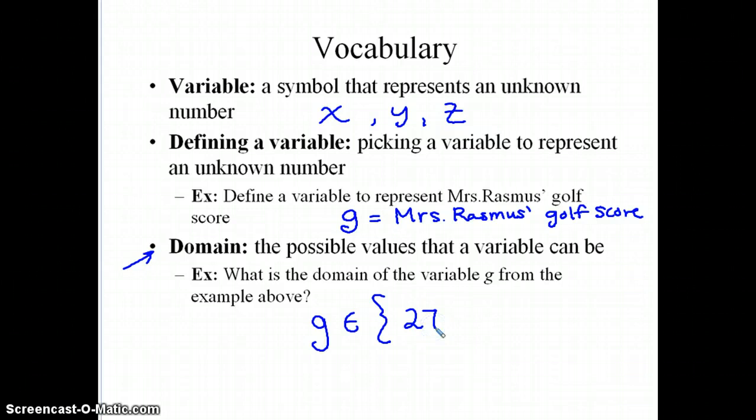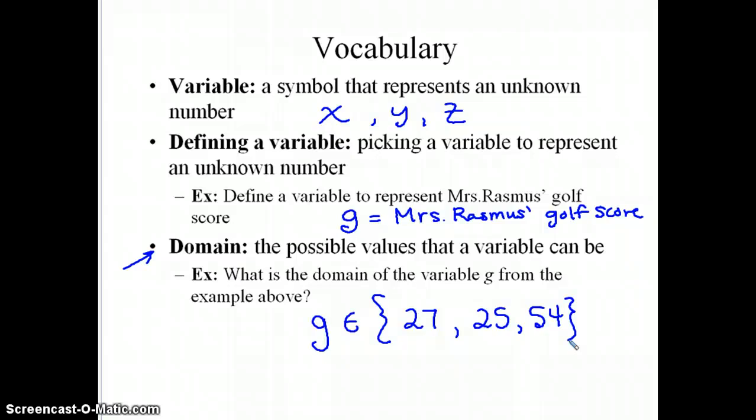If I shot a couple under, I could have a possibility of 25. If I had a very poor day, I could have a possibility of 54. Those are three possible answers that could work for my domain, but there could be many answers that would work.